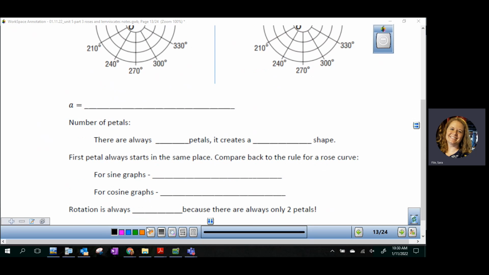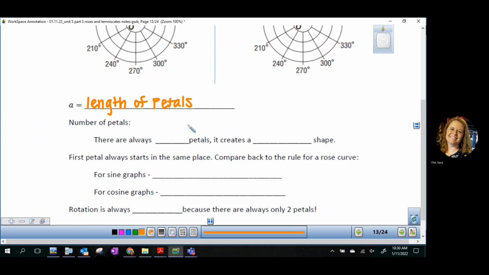A is still the length of the petal. There's still petals, and A is still the length of the petal. I'm going to come back and put them on the graph here in a second, but I just want to jot this stuff down. There are always only 2 petals in a lemniscate.